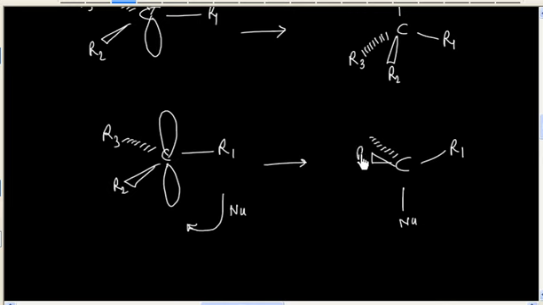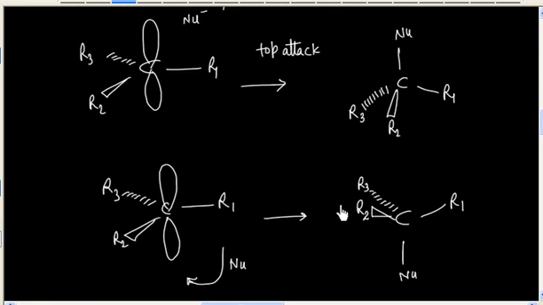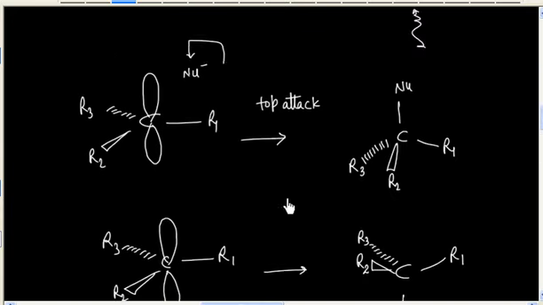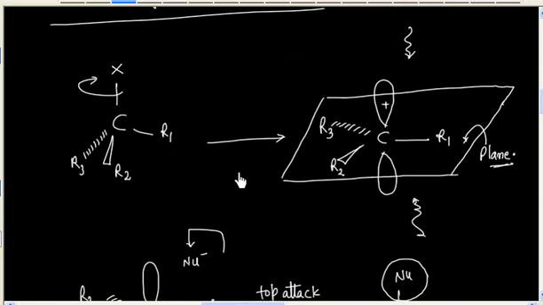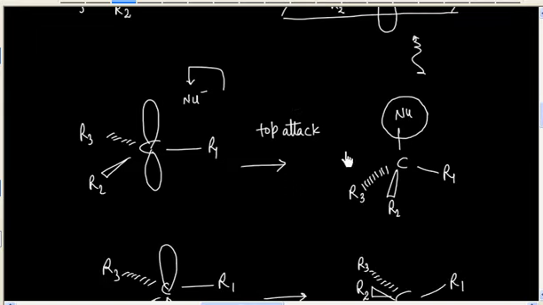So R2 is on solid line and R3 is on dashed line. So if you see, in this case nucleophile is on the same side as we have initially the leaving group. So this product is called retention. So in this case configuration is retained. So this is retention product.